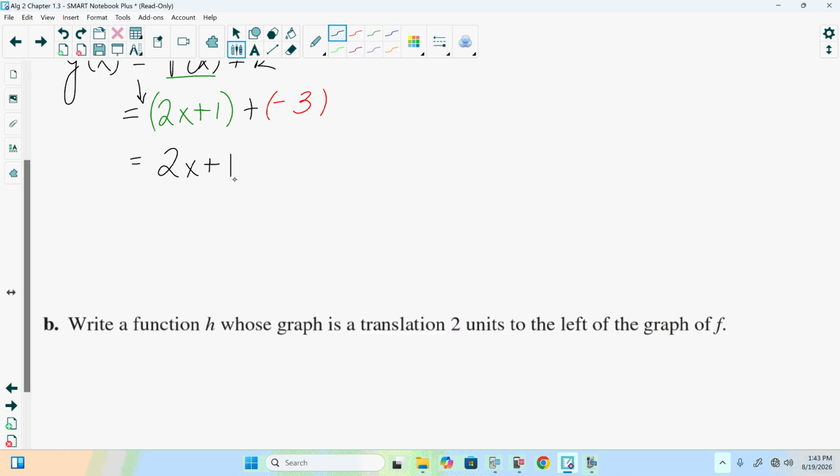Nothing changes. The second part we have is plus negative 3. Do we actually write plus negative 3? No, what's that the same as? Negative 3 minus 3, yes? So really what we have is this here, 2x plus 1 minus 3. And we could say we're done, this is the equation, as long as there are no like terms.